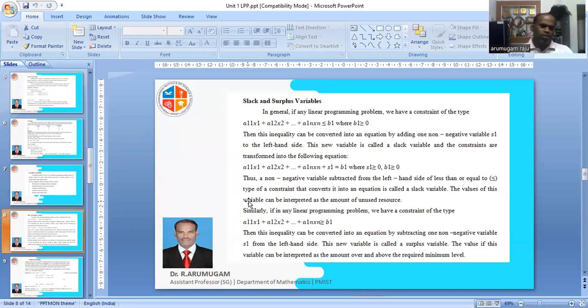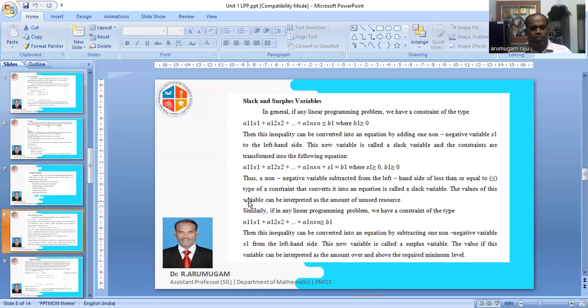So next we have some basic definitions. That means the slack variable, surplus variable, and also the artificial variable. Suppose we have a constraint of less than or equal to type, we have to add a slack variable. In another way, suppose we have a greater than or equal to constraint, you have to add a surplus variable with an artificial variable.